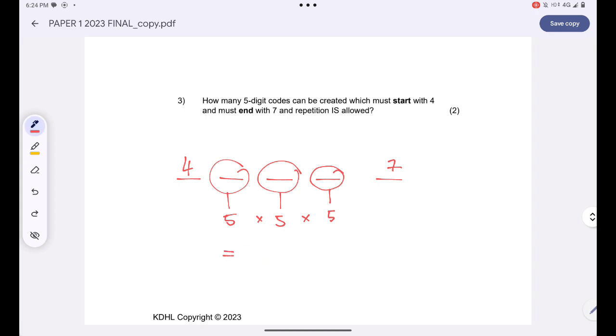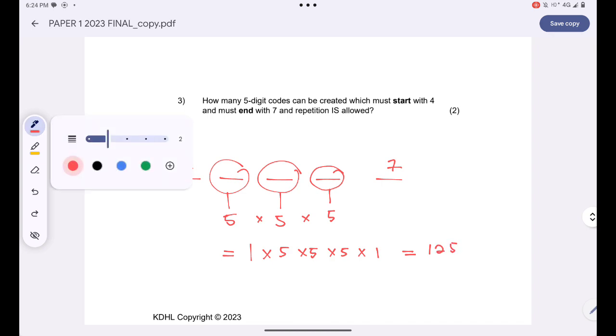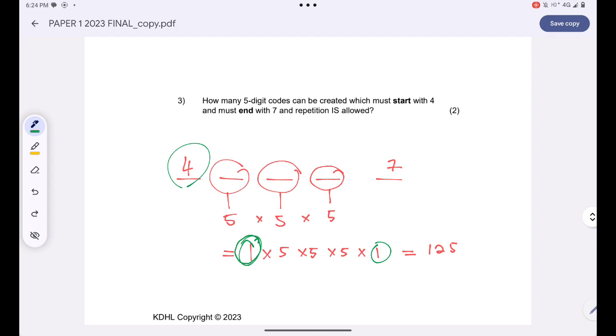Or you can say 1 multiplied by 5 multiplied by 5 multiplied by 5 multiplied by 1, and you'll simply get 125. Why do I have ones at the beginning and at the end? Because I know the values which should be there. There's only one option to occupy the first position and only one option to occupy the last position. That's why I have the ones there.